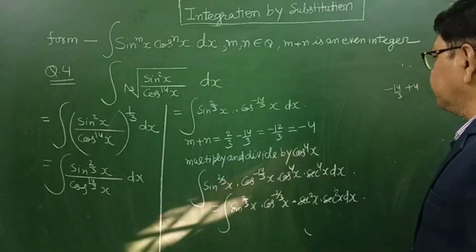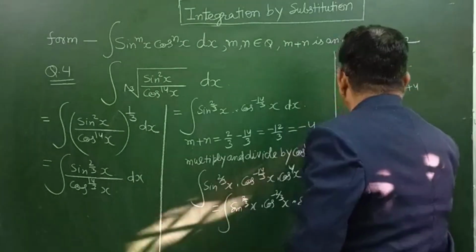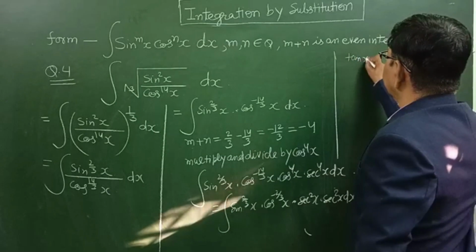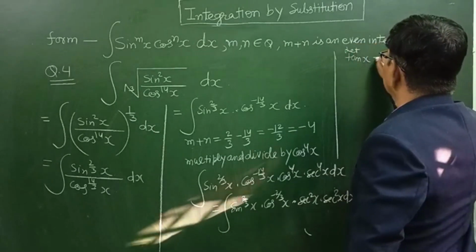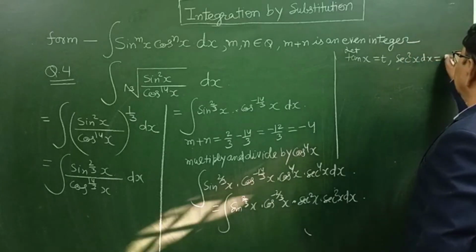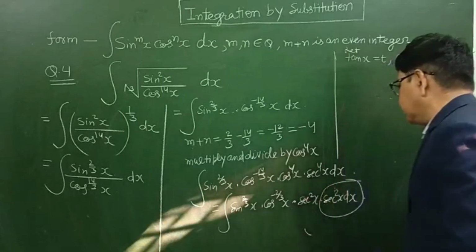Because if we make the substitution tan x is equal to t here, then sec square x dx will be equal to dt. So we will have to keep it separate, sec square x dx.